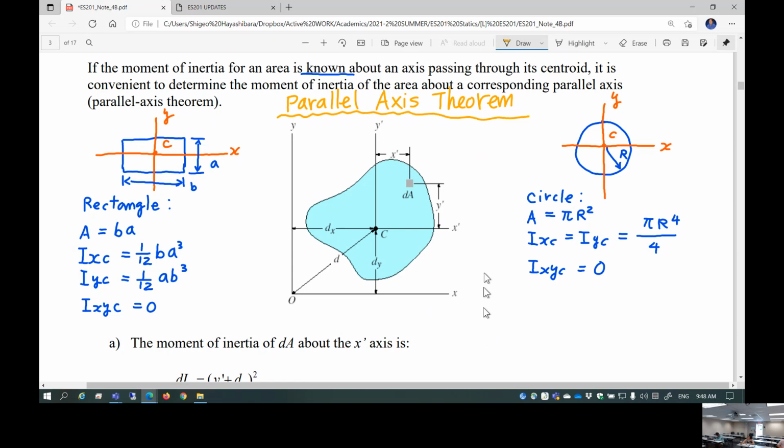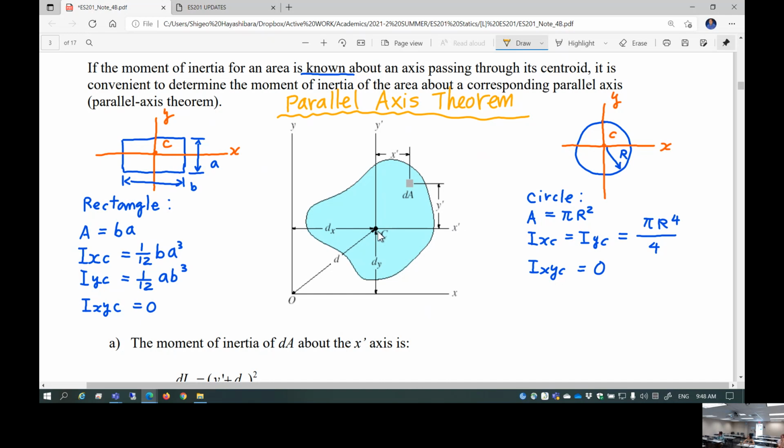Very, very important. So, for example, if this is a rectangular shape, I know the moment of inertia about the x and y axes going through the centroid. In other words, I know the moment of inertia about the x prime, y prime axes.